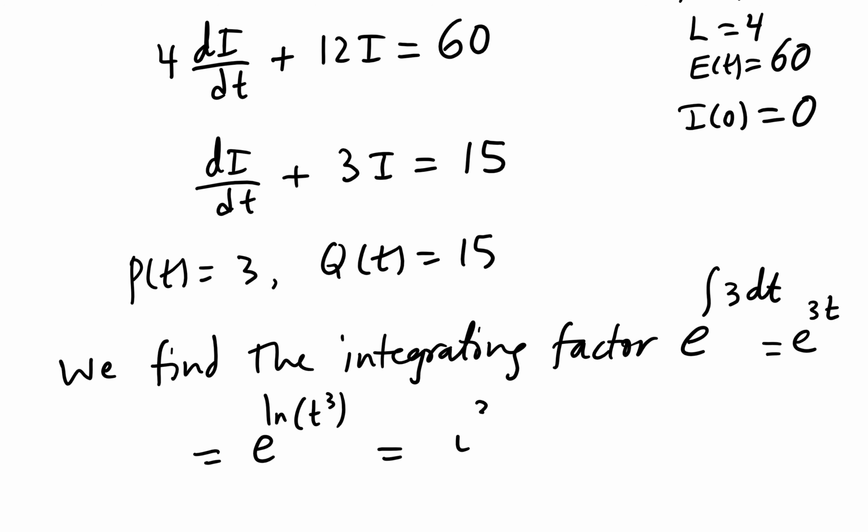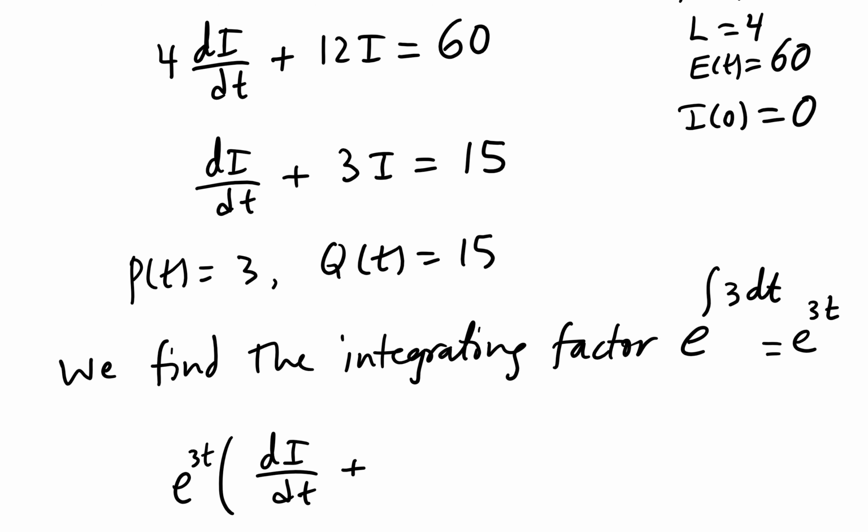It's actually much easier this way. So what are we going to do with this? We are going to multiply that equation that we just obtained, di/dt plus 3I equals 15, by e to the 3t.